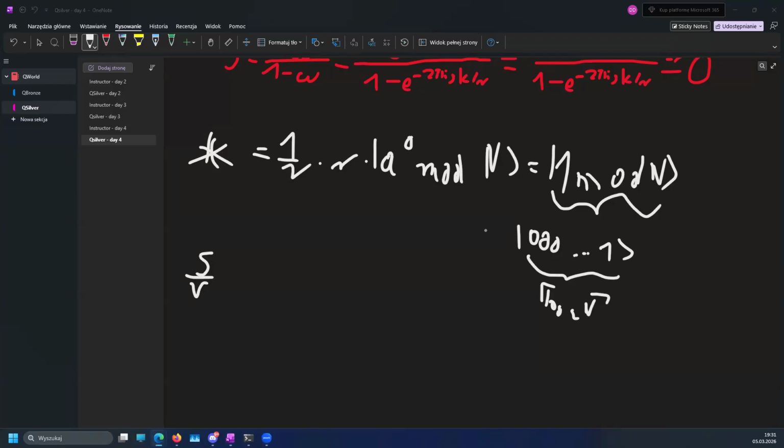But our goal is to find R, and now we need to use a method that can be executed classically, called continued fraction.